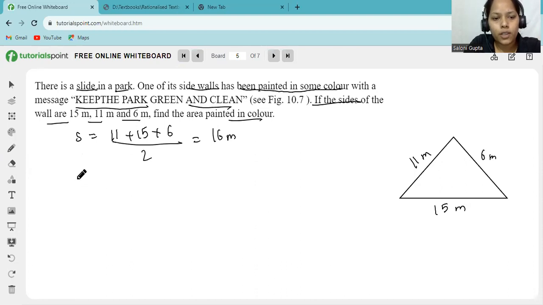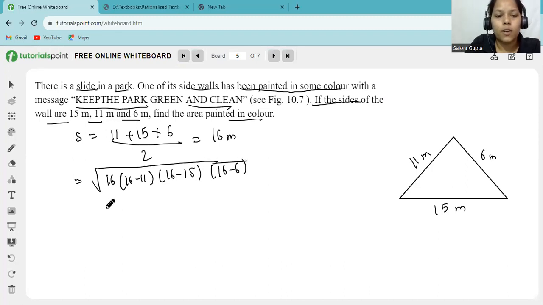Now we have to find out the area. So under root, S into bracket S minus 11, then S minus 15, and S minus 6. So this we can see. Under root 16 into 16 minus 11 is 5, into 1, into 10.